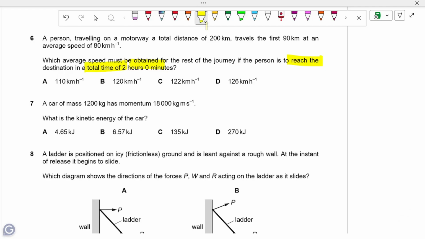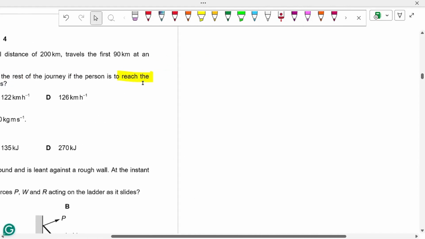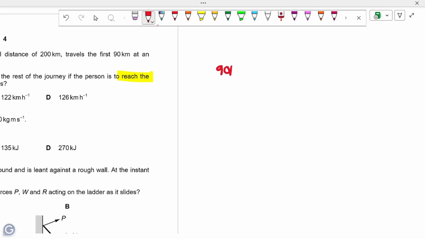So we have 2 things happening here, and your goal basically is to find the average speed that must be obtained for the rest of the journey if you want to reach the destination in that total time. So I have 2 things going on here. For the first part I have 90 kilometers, and for the second part I have 110 kilometers.